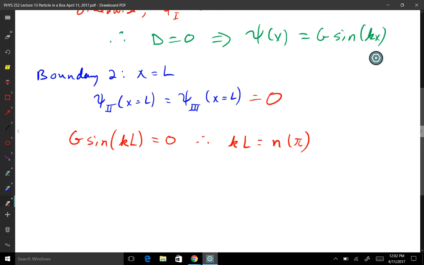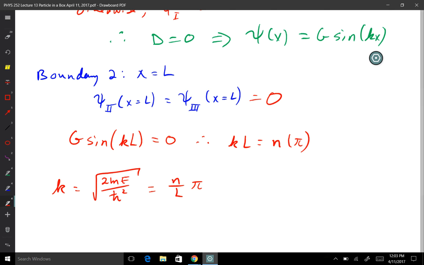So now I have the energies uniquely specified. There's only certain energies allowed because k depended on energy. So we go back to our definition of k. k was equal to the square root of 2mE over h bar squared, and that has to be equal to n over L times pi.